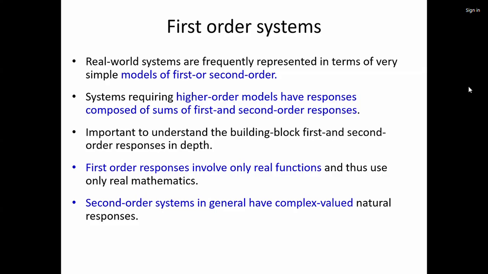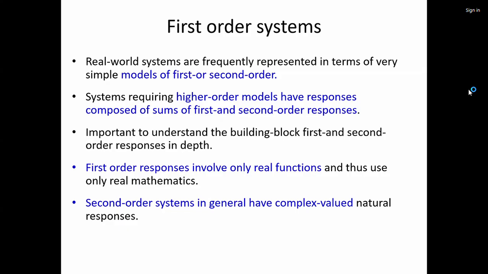You may have a complex system which can be decomposed into simpler models such as first and second order systems. You can divide one complex machine into individual components which individually represent either first or second order systems. So higher order systems can be decomposed into first and second order systems.